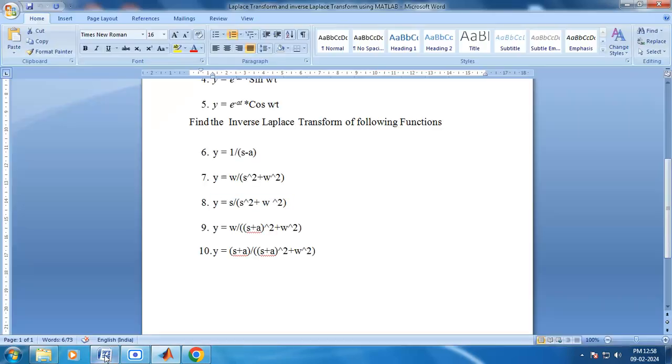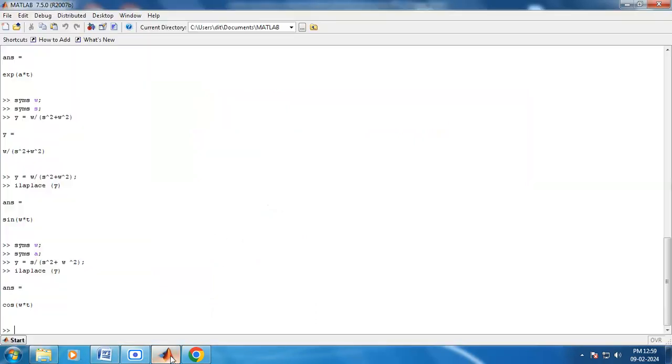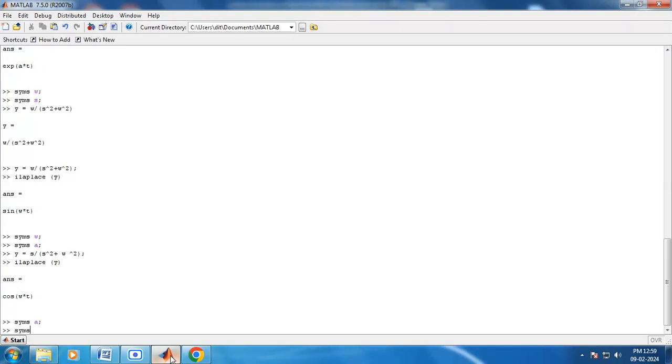Now we are taking another example: y equal to omega divided by s plus a whole square plus omega square. Here the variables are omega, s and a, so we have to define s, a and omega.